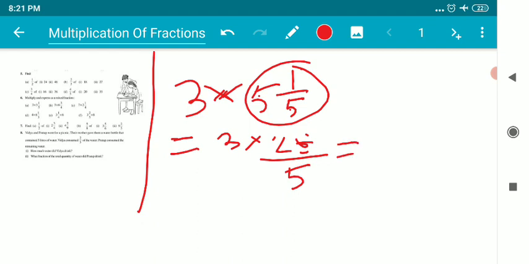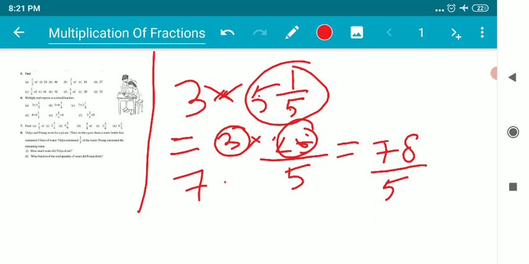So 26 and 3 to be multiplied. 3 into 26 is 78 by 5. Now children, 78 by 5 I got over here. Now this is to be converted into mixed fractional form.